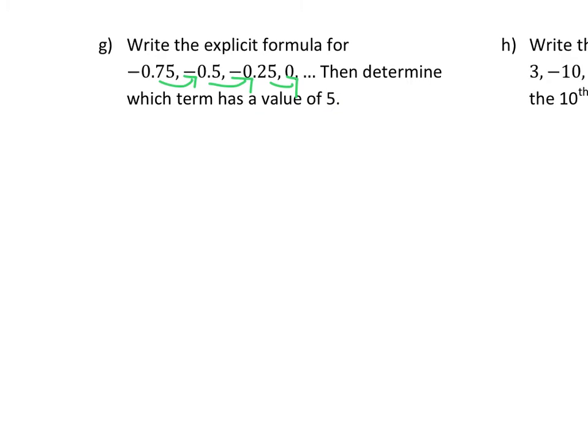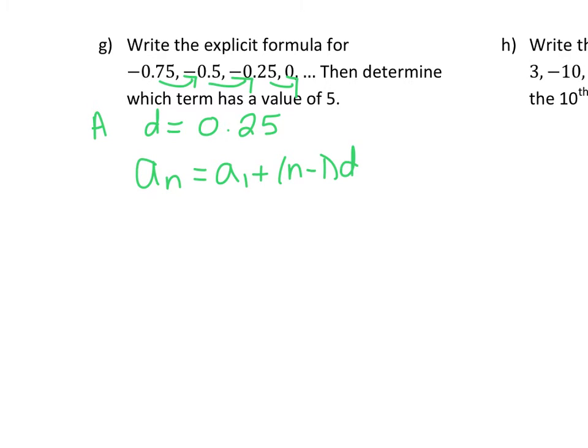So I'm going to say this is arithmetic, and the common difference is positive 0.25. The explicit formula is a sub n equals a sub 1 plus the quantity n minus 1 times d. A sub n equals negative 0.75 plus n minus 1 times 5.